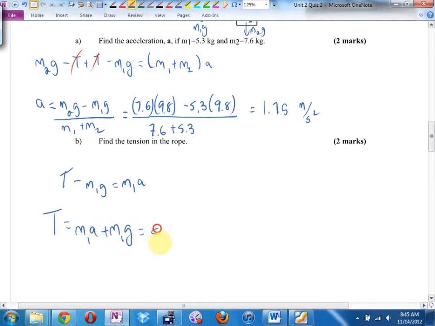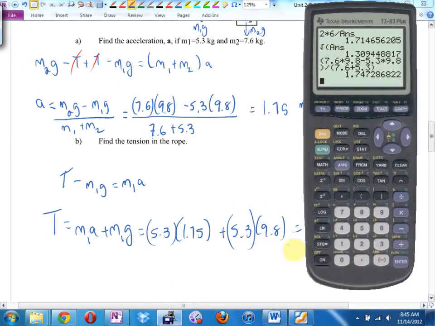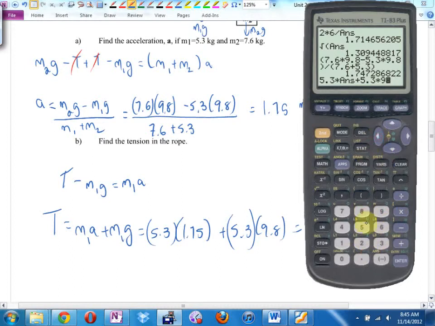It's going to be 5.3 times 1.75 plus 5.3 times 9.8. Whoops, times 9.8. And you get a tension of 61.2 newtons.